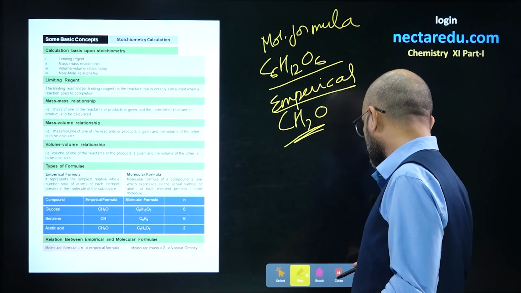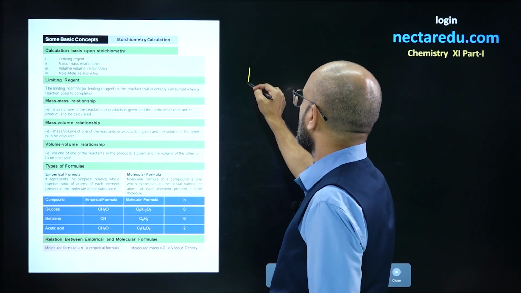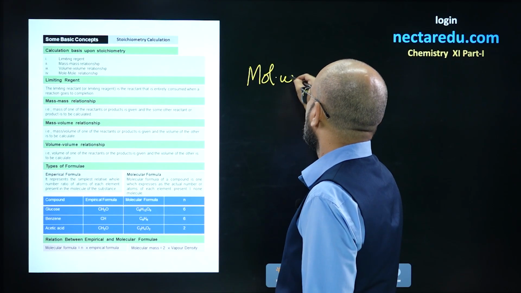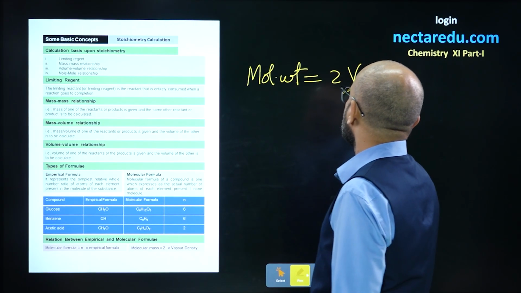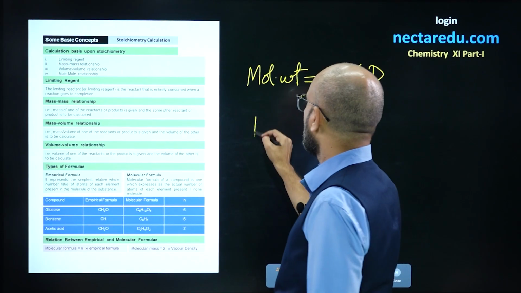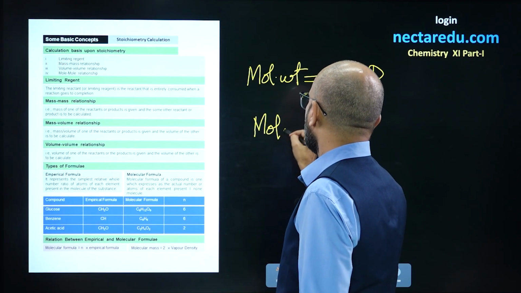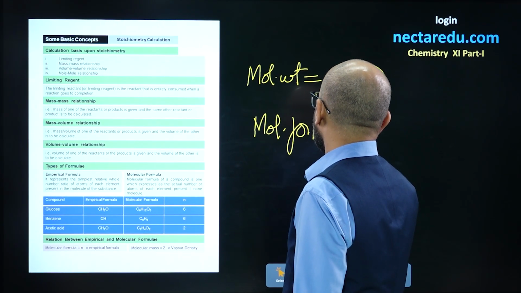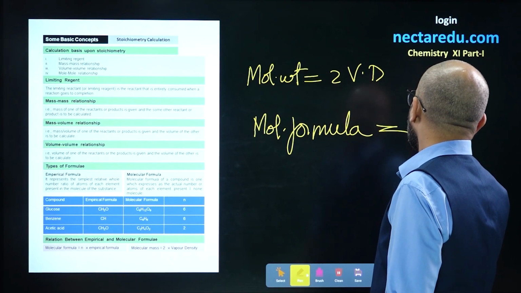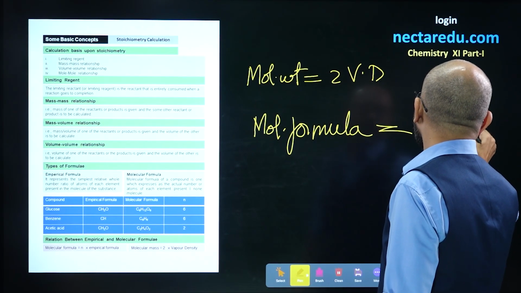And what are the relations? Just remember this: molecular weight equals twice the vapor density. And what else? Just remember, molecular formula equals n times empirical formula.